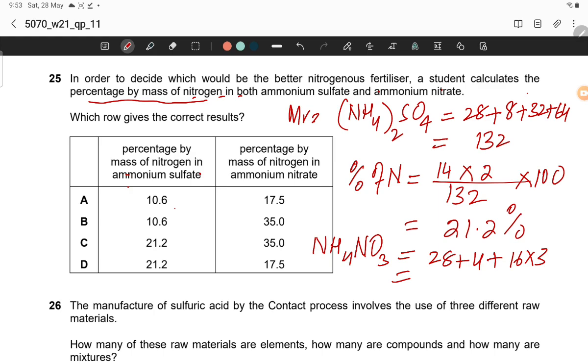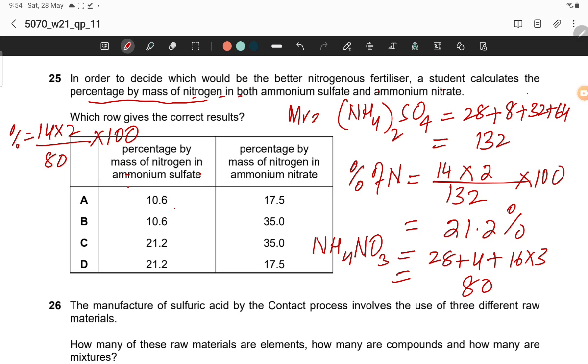This is equal to 28 plus 4 plus 48, which is equal to 80. The percentage of nitrogen is equal to 14, the Ar, multiplied by the number of atoms, 2, divided by 80 into 100.